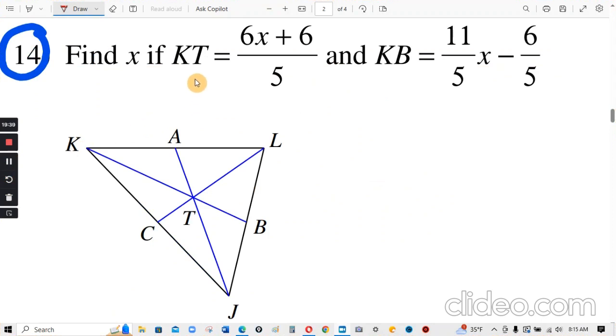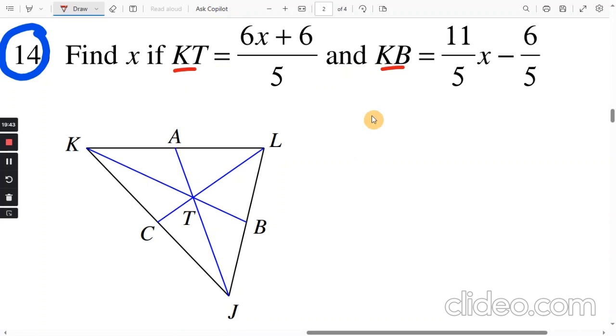All right, number 14, we're given expressions for KT and KB. So let's look at, here's KT, and KB is the entire median. Okay, so KB is a median. And that means if we look at KT, that's going to be 2/3 of the median.